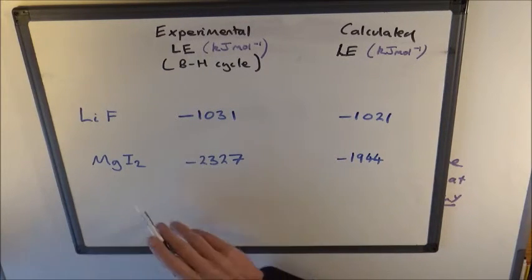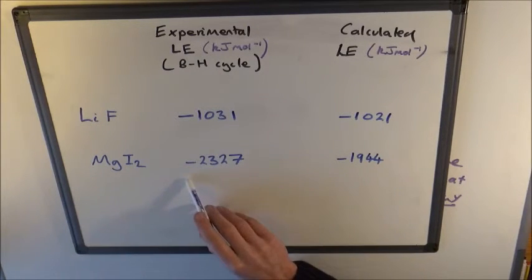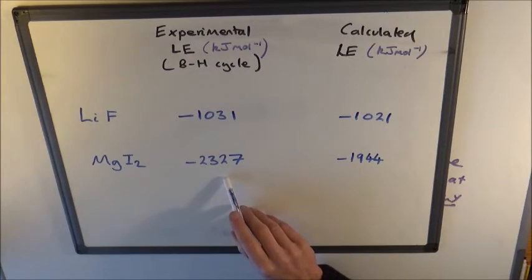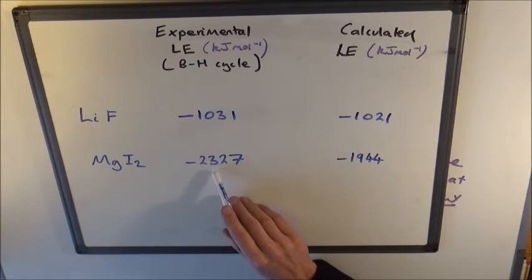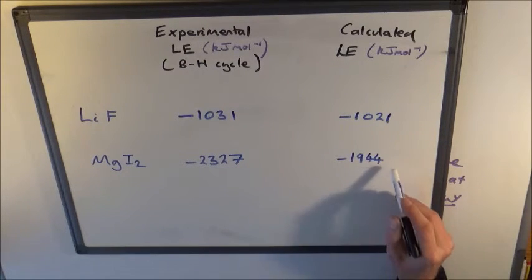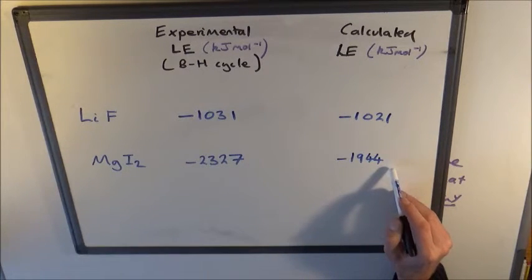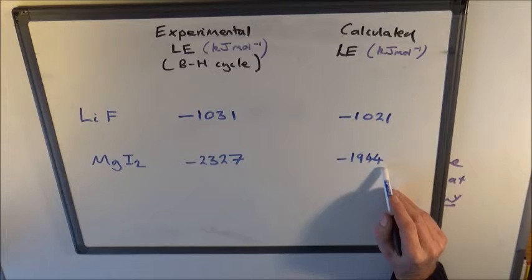But compare that with magnesium iodide. If you measure the lattice enthalpy using the Born Haber cycle approach, you get minus 2327 kilojoules per mole. If you do a calculation in which you assume that the only form of bonding is ionic bonding, you get only minus 1944 kilojoules per mole.